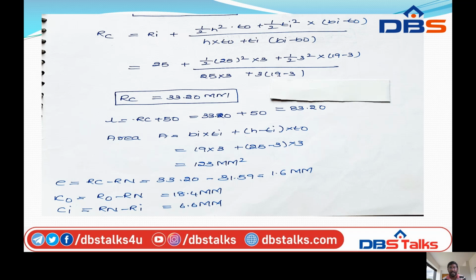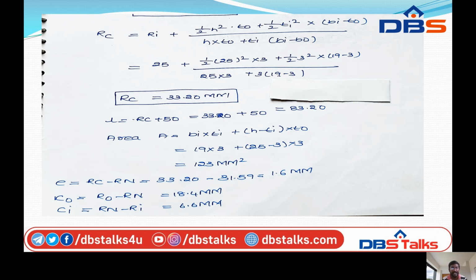So next we can calculate the length. Length is equal to Rc plus 50. Substitute the Rc value: 33.20 plus 50 is equal to 83.20. This is the total length of the circular section of the T section.